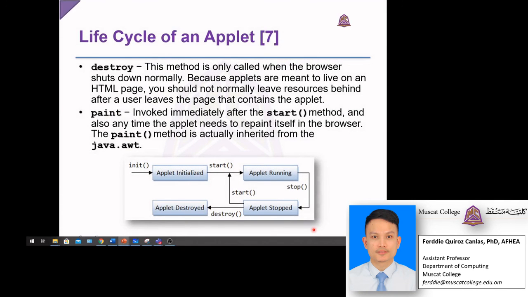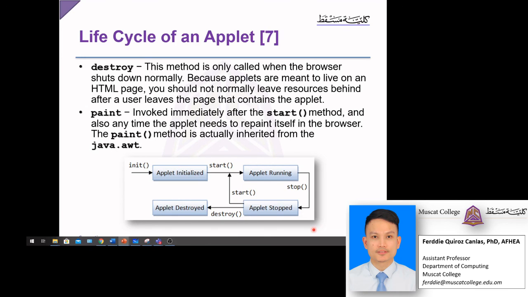In the destroy cycle, the method, as I've told you earlier, is called when the browser is closed, or the browser is shut down, or a page is closed. You have to remember, applets are meant to live on an HTML page.